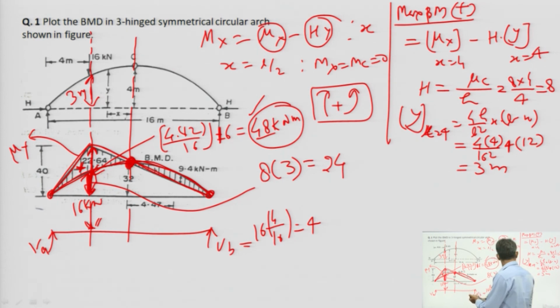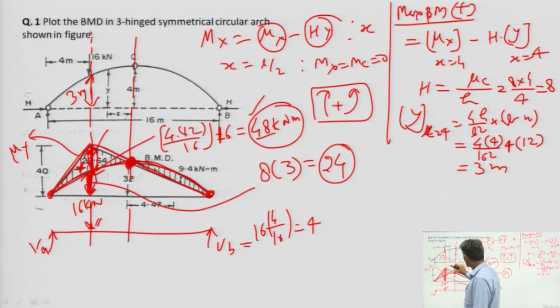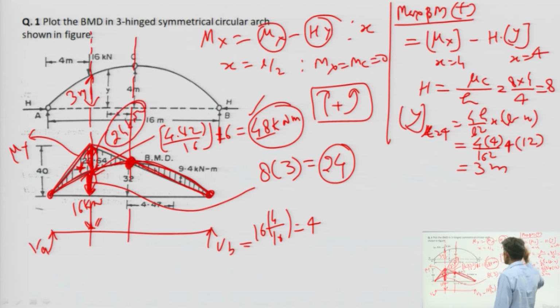So, it is 3. Okay, no problem. So, 24. So, the difference is 24. So, this ordinate will represent 24 kilonewton meter. Okay. So, this is the maximum positive bending moment.